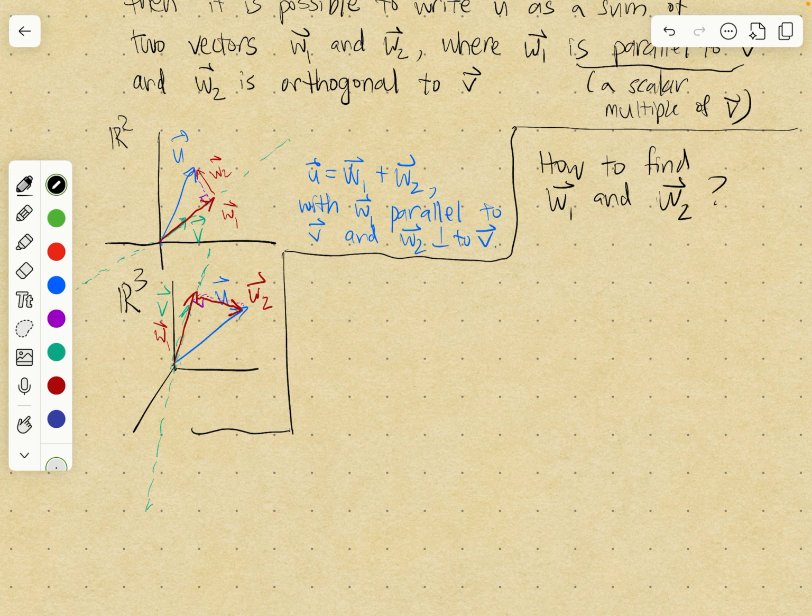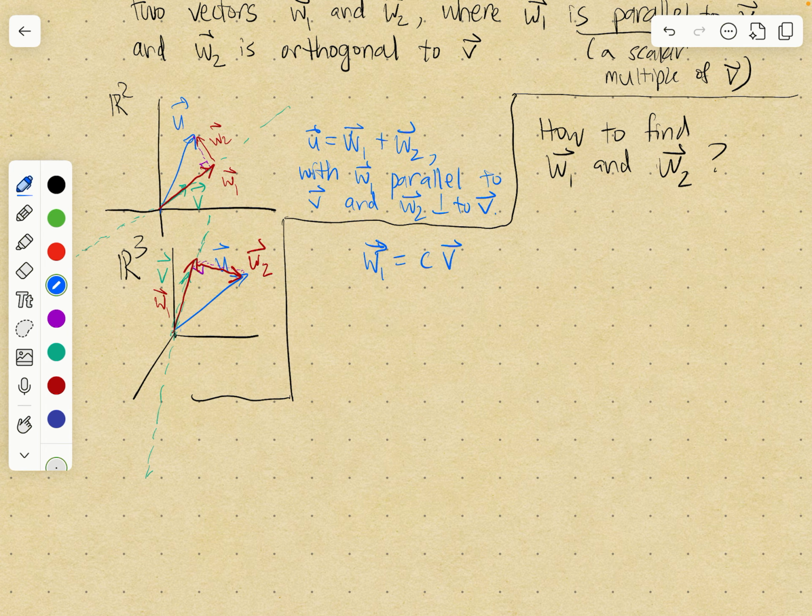And that way, u will equal w1 plus w2. And what do we need to have happen with w1 and w2? We need w1 to be a scalar multiple of v. So w1 is going to be some scalar multiple of v, and w2 is going to be u minus w1. So that's u minus cv.